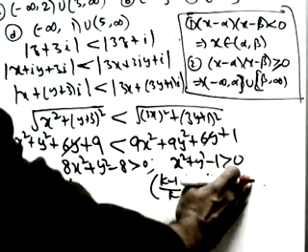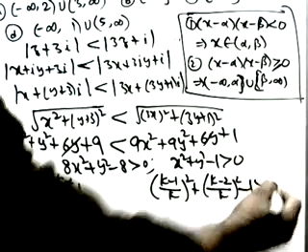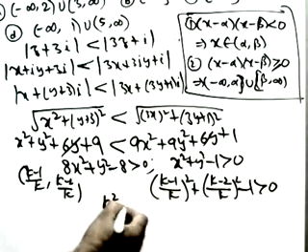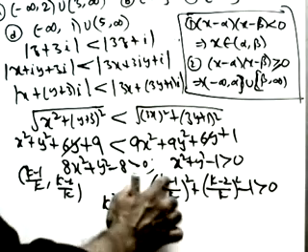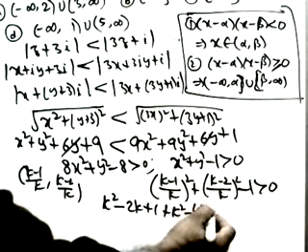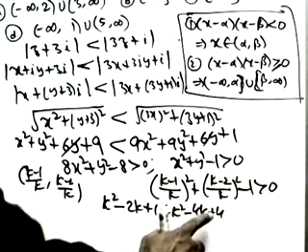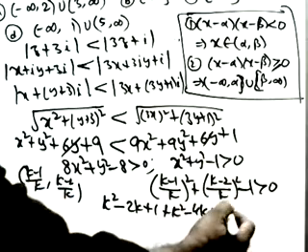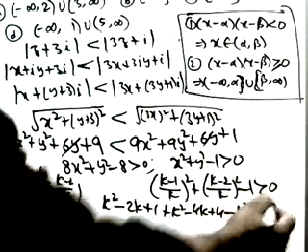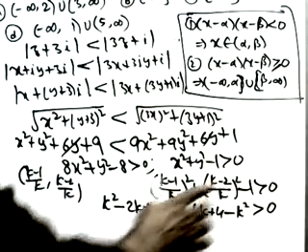Sorry, minus 1 is also there, so let me take minus 1 greater than 0. Now expand this one: a square minus 2ab plus b square, k square minus 2k plus 1. Expand this one: k square minus 4k plus 4. Now if you take LCM, k square into 1 will become k square, greater than 0 with k square on the other side.